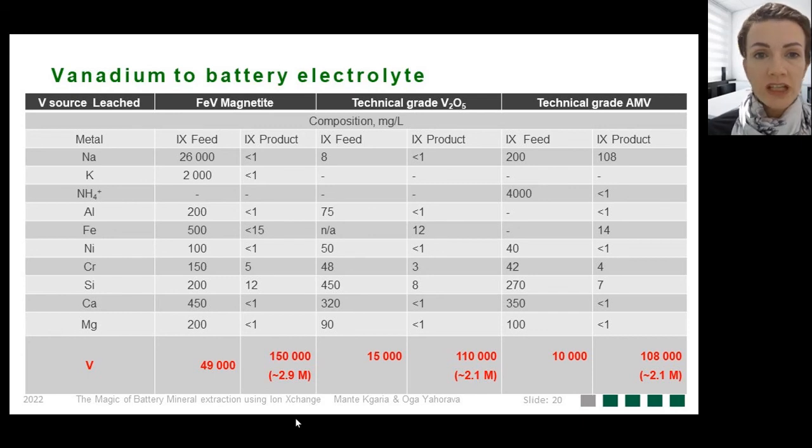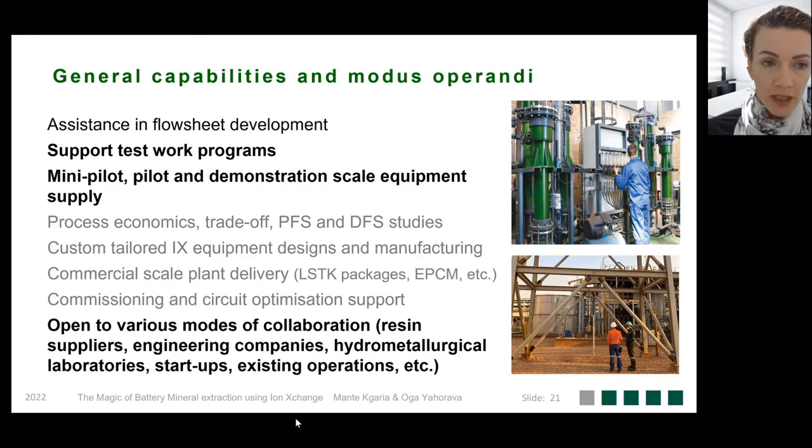So technically, ion exchange plays a refining function and upgrade function at the same time. So there is a number of applications and options where ion exchange technology can be considered and can be much more beneficial than alternative technologies.